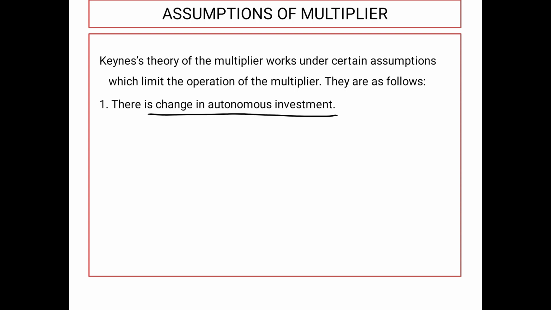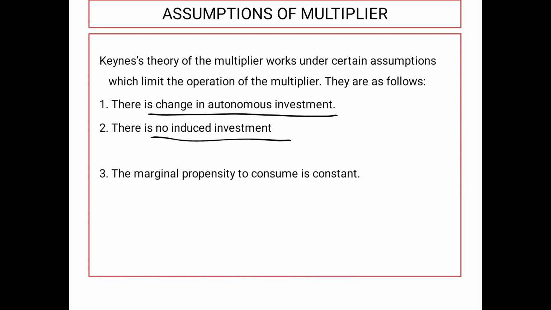What do you mean by autonomous investment? Autonomous investment is the investment that is done from past savings. So there is no induced investment. Induced investment is nothing but unplanned investment.